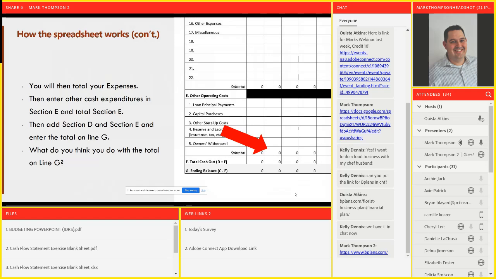With a loan principal payment, for example, it is not an expense. The profit and loss statement is income and expenses, and then you get profit, right? That's the simple way, and that's actually what you're seeing a lot here in the budget. But a loan principal payment is not an expense.